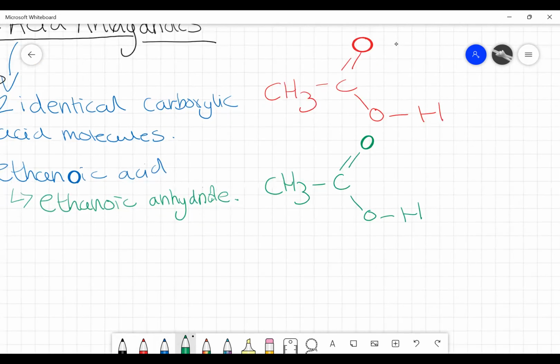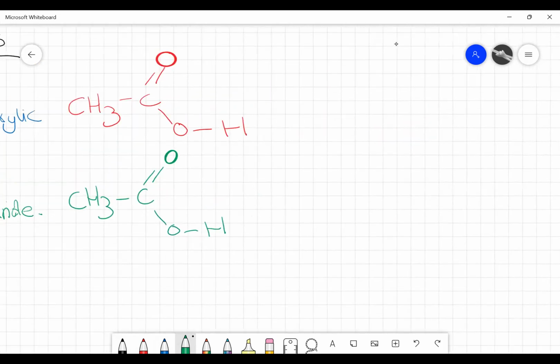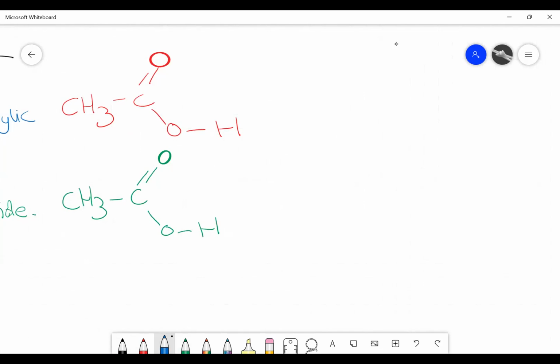For us to make ethanoic anhydride, we have the bonds form, and what actually happens is we have the loss of these. I've just drawn these the wrong way around. It can go that way around, it doesn't really matter, but just for the purpose of what I'm doing, it's easy to have them the other way around. You'll see why in a second, because I just want my oxygens and hydrogens next to each other.